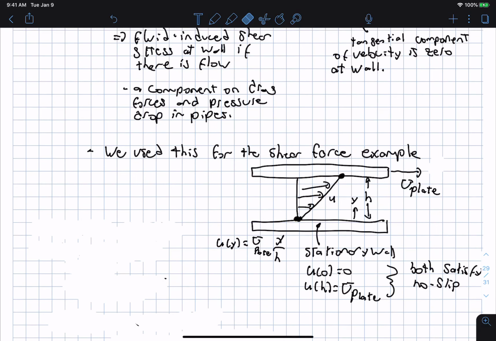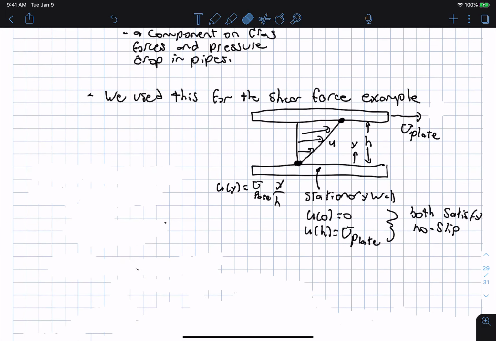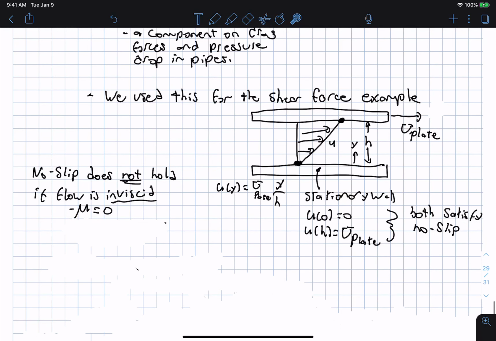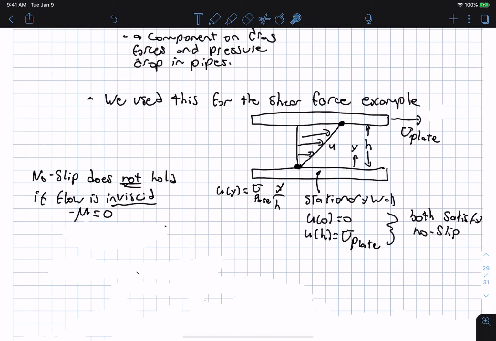Now, sometimes you can get away with neglecting viscosity, that is, you just pretend that it's 0. It's not actually 0. You're just assuming that it's 0.